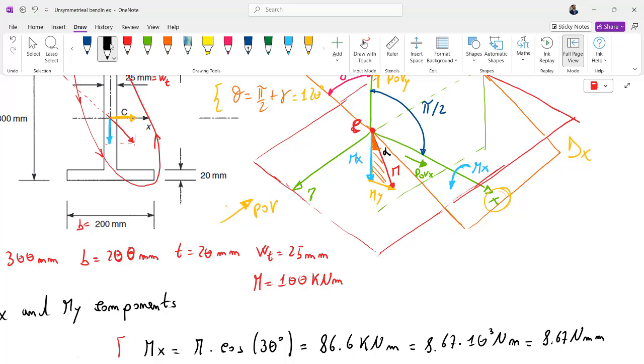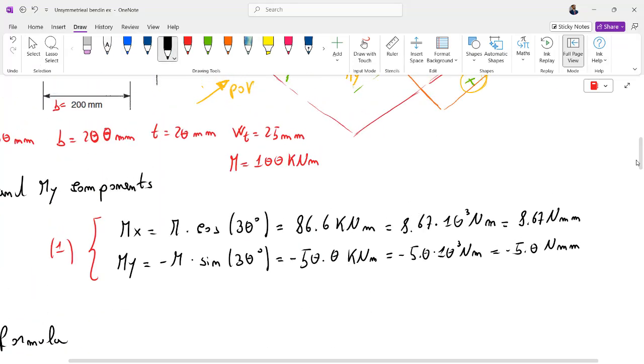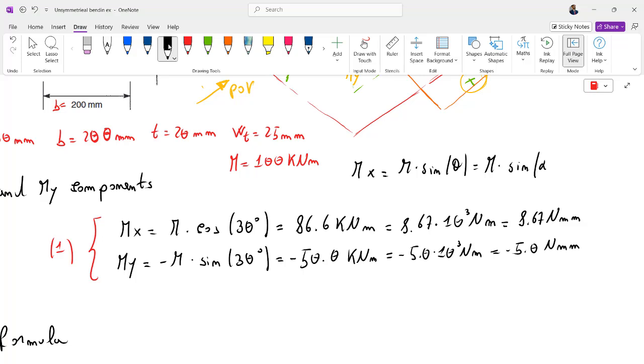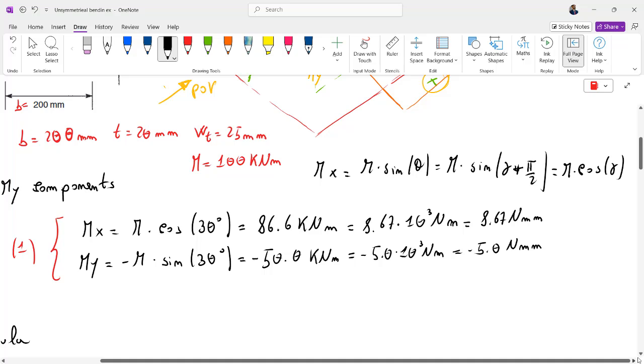So mx is equal to m times cosine of 30 degrees, because clearly here I have just done this step where mx is equal to m times sine of theta, but theta is equal to alpha, gamma in this case, gamma plus pi over 2, but the sine of this quantity, gamma plus 90 degrees, is equal to m times cosine of gamma, but gamma is equal to 30 degrees.